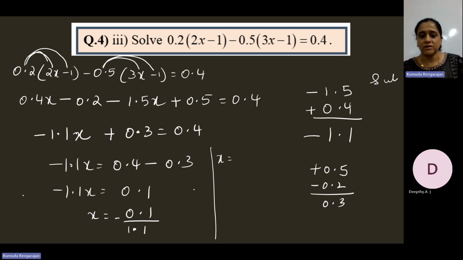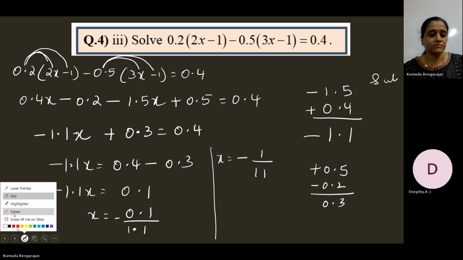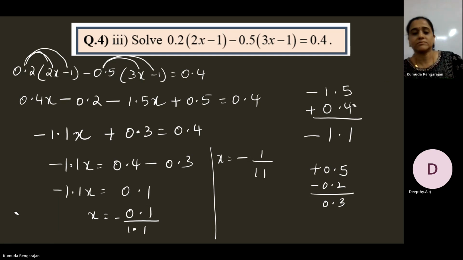So x is equal to minus 1 by 11. Minus 1 by 11, right? Take down.